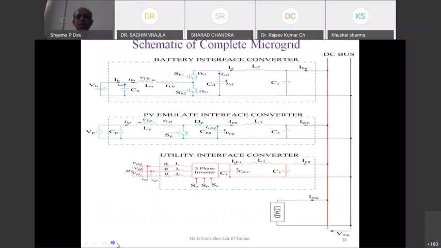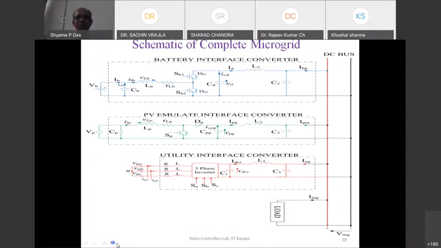So this is how we have connected three different converters with the microgrid. The microgrid is basically a single bus having 120 volts here. We have connected the battery interface converter, which is the energy storage system. We have connected the PV interface converter, which is the photovoltaic converter, the renewable part of the system.